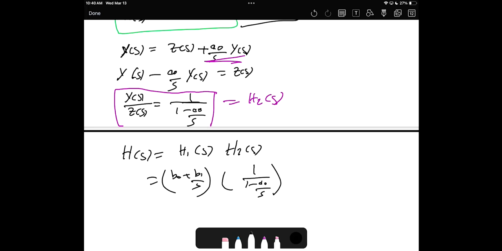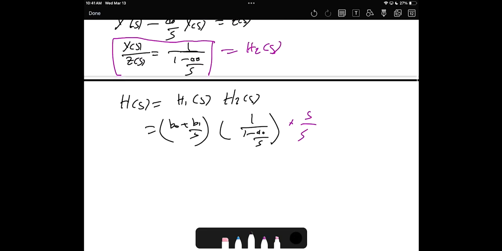So I'm going to multiply by s on both sides, s squared over s squared, something like that. So basically I'm trying, let me see, s squared, or s over s. Let me try s over s first. So it will be b0 s plus b1, all of them divided by s.